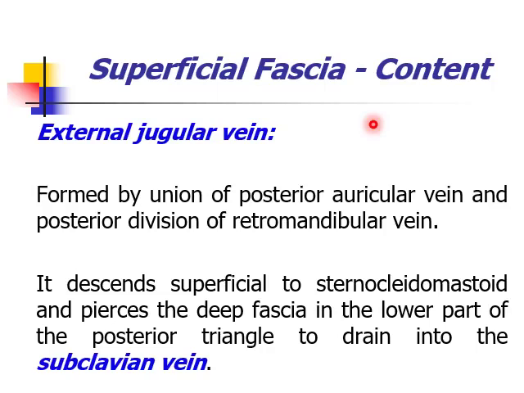This external jugular vein is formed by the union of the posterior auricular vein and the posterior division of the retromandibular vein. The external jugular vein descends superficial to the sternomastoid within the superficial fascia, but pierces the deep fascia in the lower part of the posterior triangle to drain eventually into the subclavian vein.